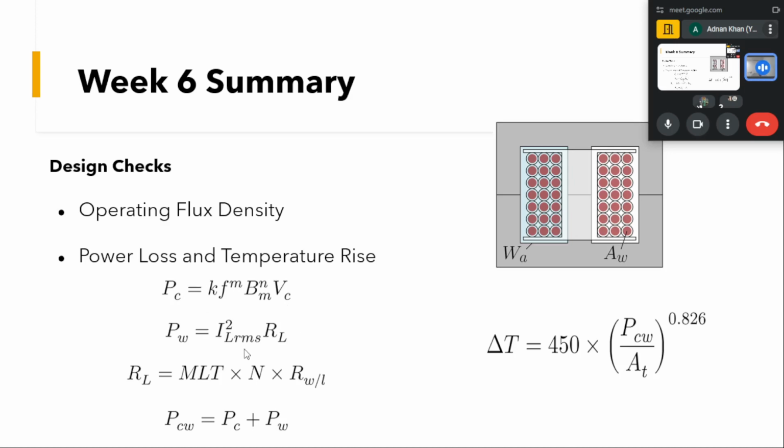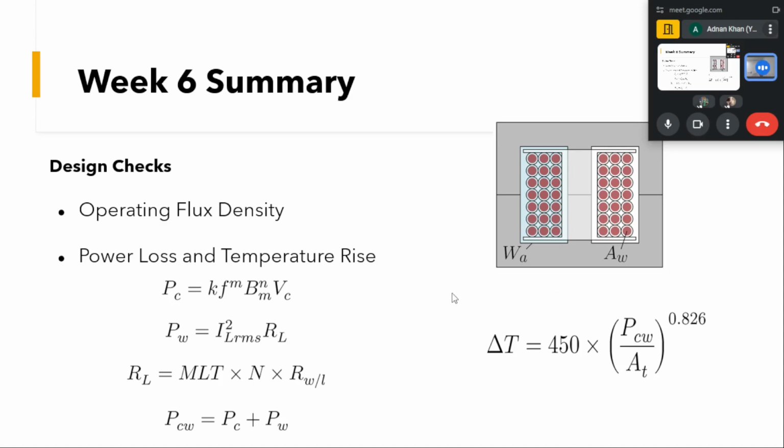And if we know the IL RMS current that is flowing through the wire, and we know the resistance, what is given is the resistance per unit length of the wire, and we first have to calculate the whole resistance of the wire.